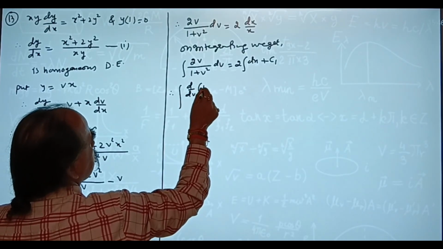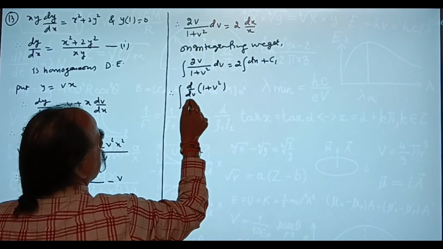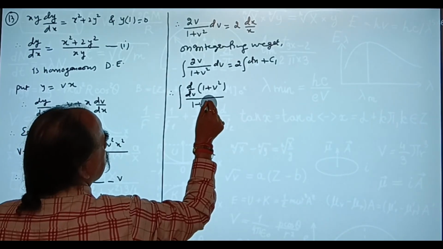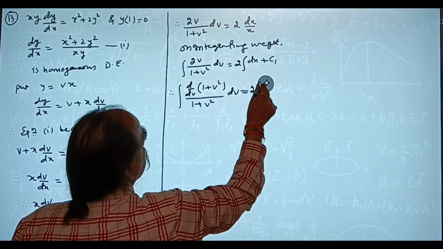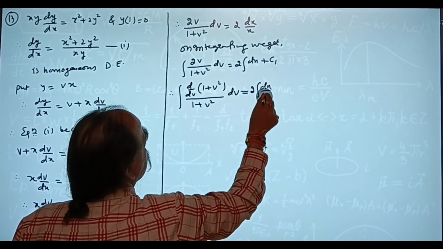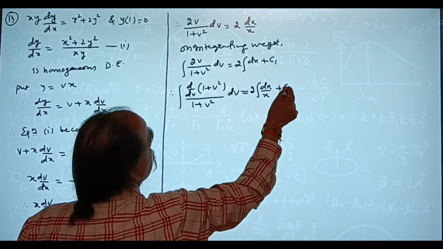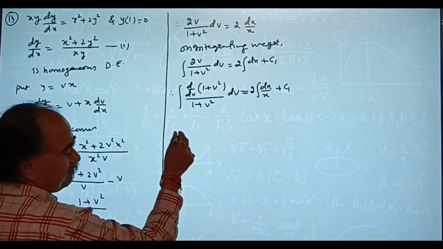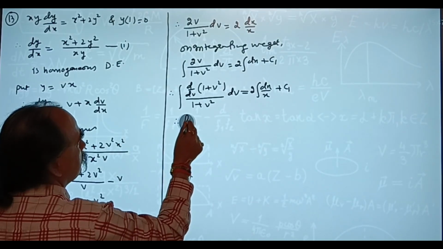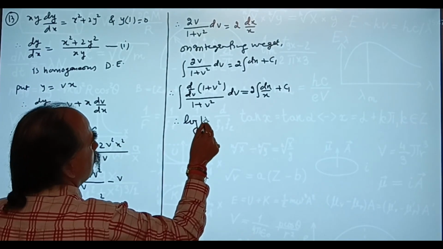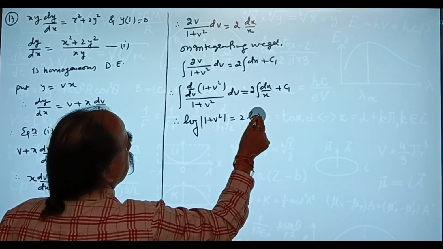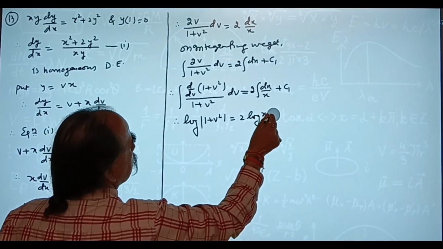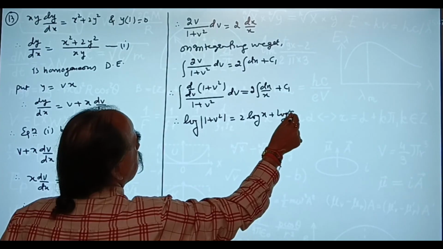Derivative of denominator upon 1 plus v square. Therefore log 1 plus v square is equal to 2 log x plus log c.